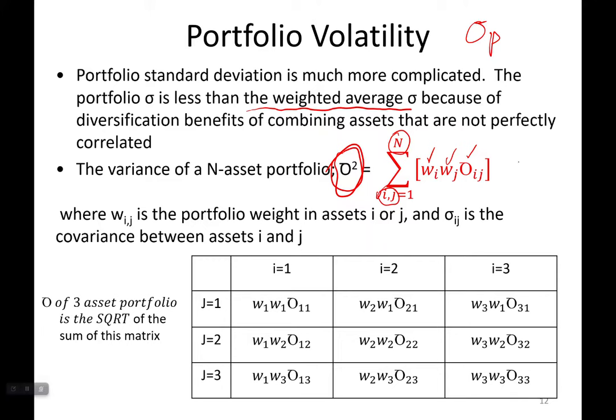Now in statistics, if you see sigma and then 2 subscripts, say in this case i and j, that refers to covariance terms. So if i is 1 and j is 2, that would be sigma_1,2, which means the covariance between 1 and 2. Covariance is a measure of how assets co-vary, how they move together and apart. It's similar to correlation, but it's a little bit different.